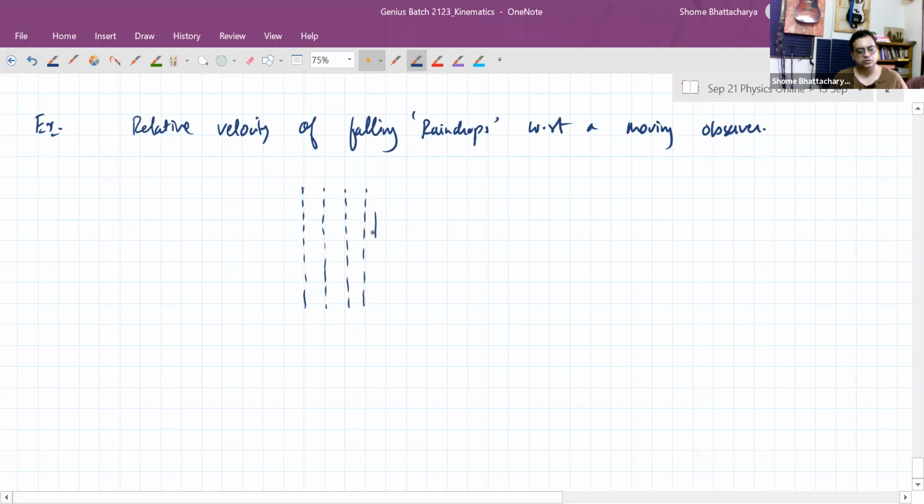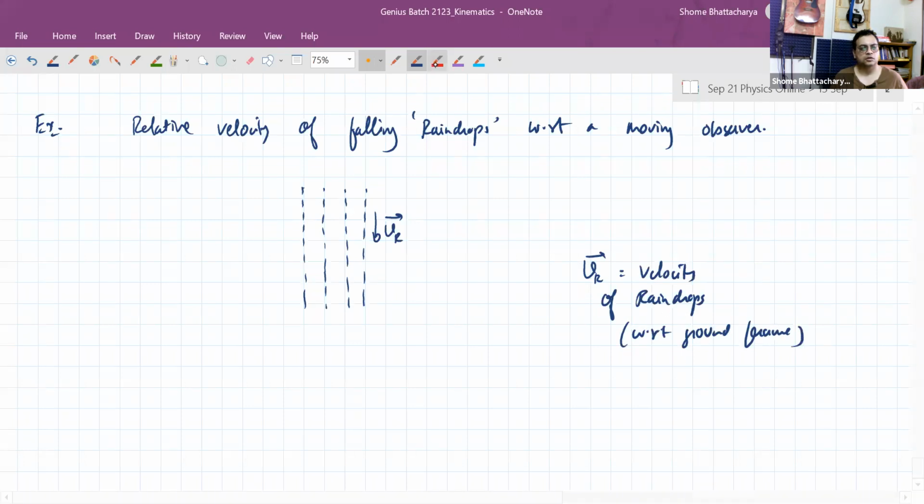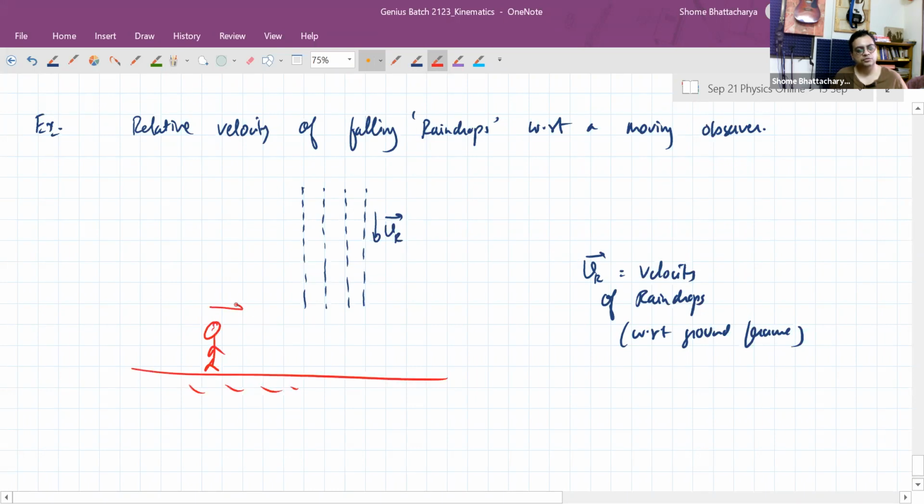So this is the velocity of raindrops with respect to the ground plane. Whereas, let's say a person is moving along the ground.